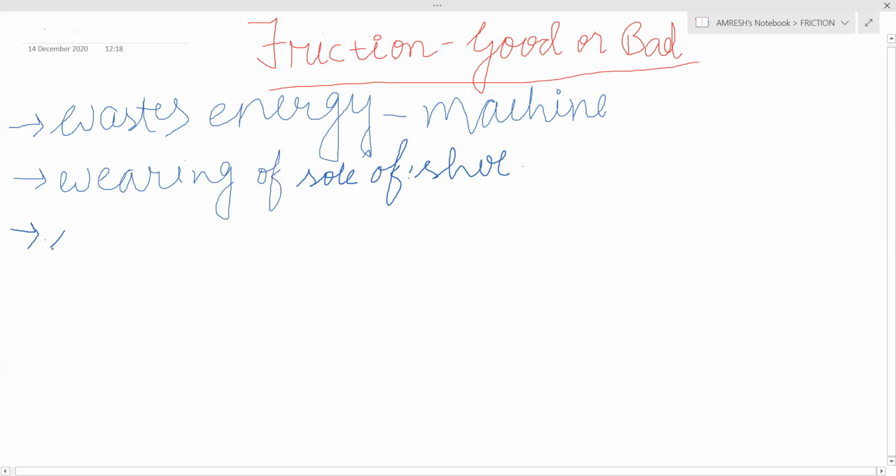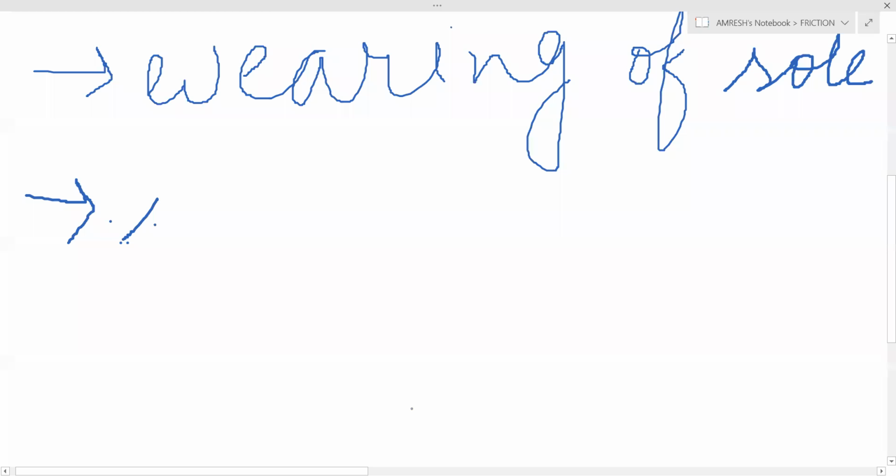The first point is a repetition of the first point, that is wearing out. I'm sorry. My dear student, there is some problem in the OneNote. The third point you can note as wearing out of machine parts.